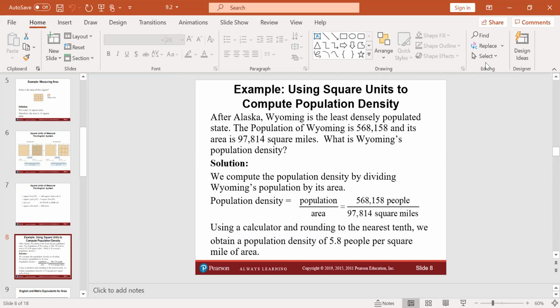A square mile is 640 acres. So, 5.8 people for 640 acres. That means that everybody actually would get a little more than 100 acres, right? 100 acres is a lot of land. Well, that's not quite how it works. Everybody can't afford to live on 100 acres by themselves. Who's going to farm that land?